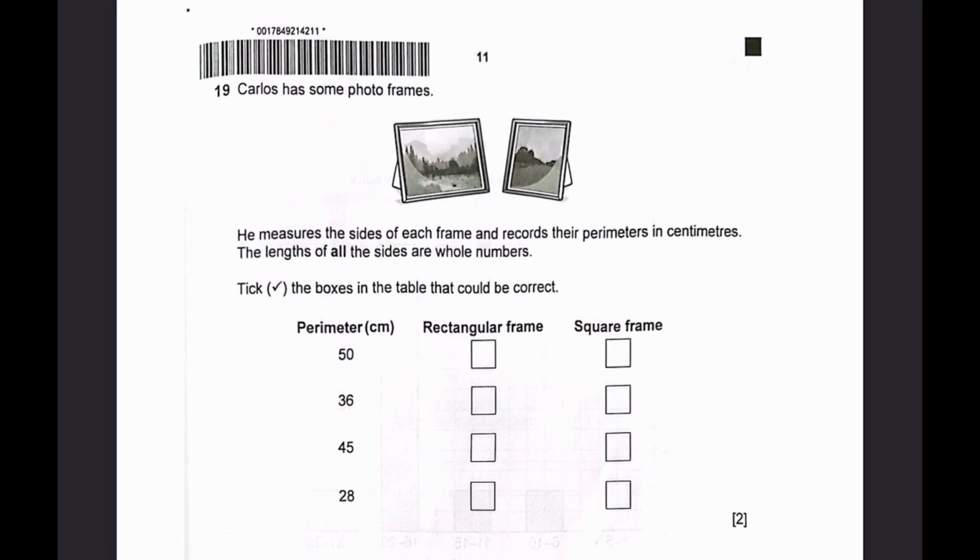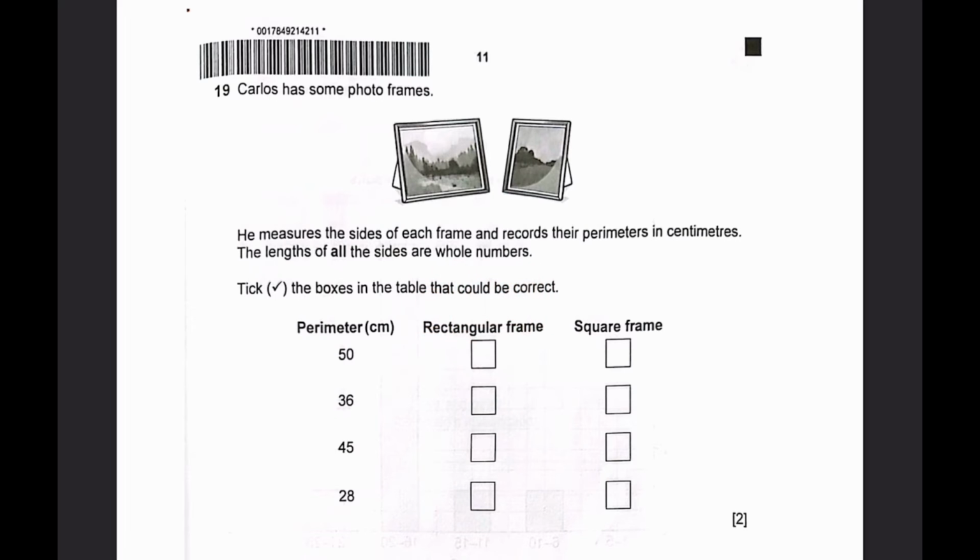Carlos has some photo frames. He measures the sides of each frame and records the perimeters in centimeters. The lengths of all sides are whole numbers. Tick the boxes in the table that could be correct. The perimeter of the rectangular frame or the square frame could be 50. Is that true? For a rectangle, the perimeter formula is 2 into (L plus B).